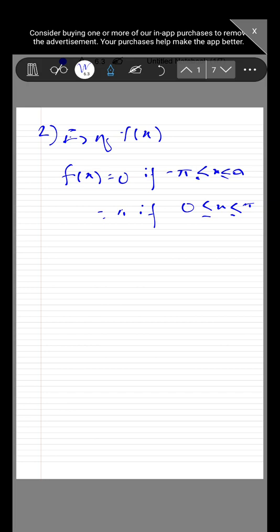So to find the Fourier series of the following function. You can see that this f(x) is again defined in the interval of minus pi to pi. So this is the interval.